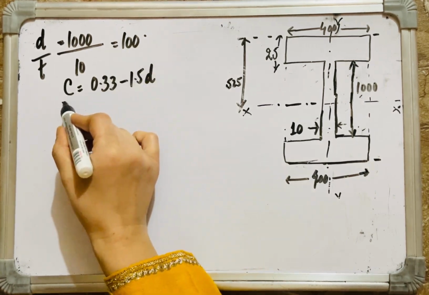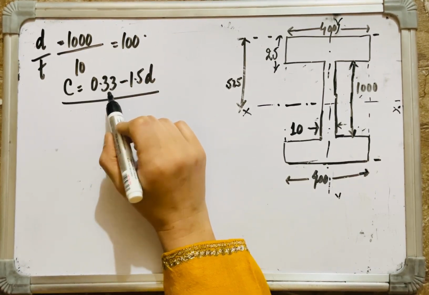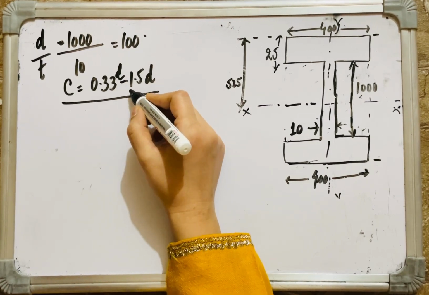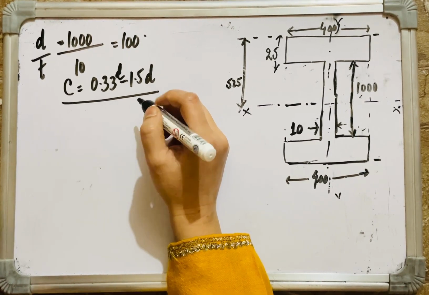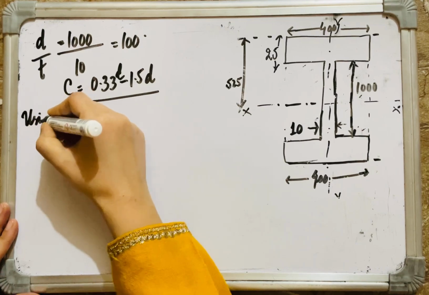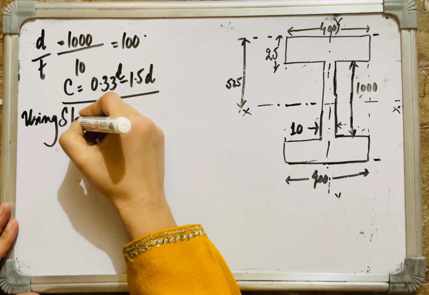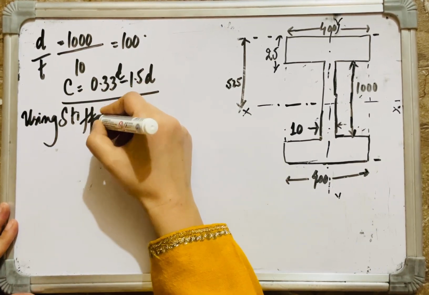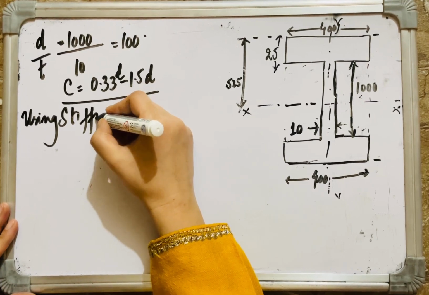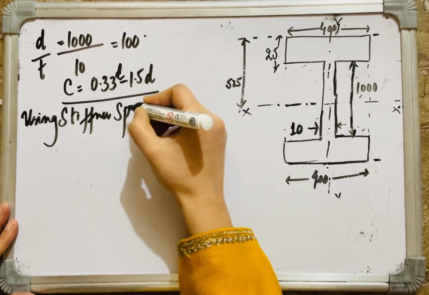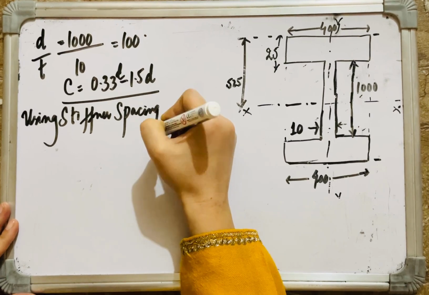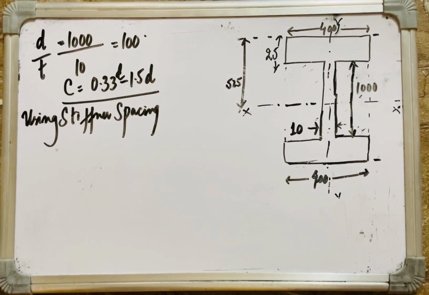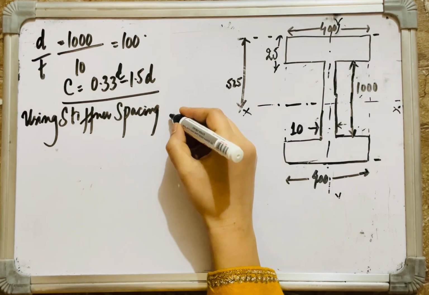We can choose stiffener spacing anywhere between 0.33d to 1.5d. Let us take 1d.